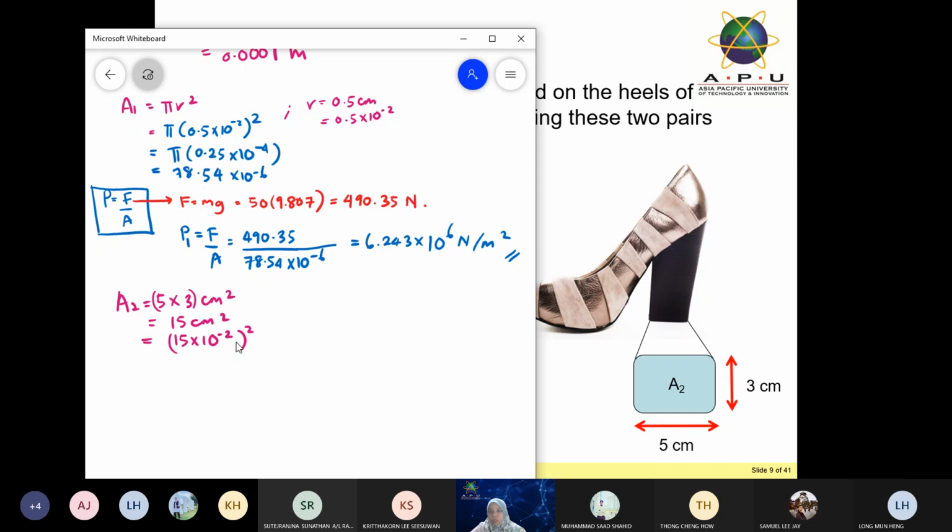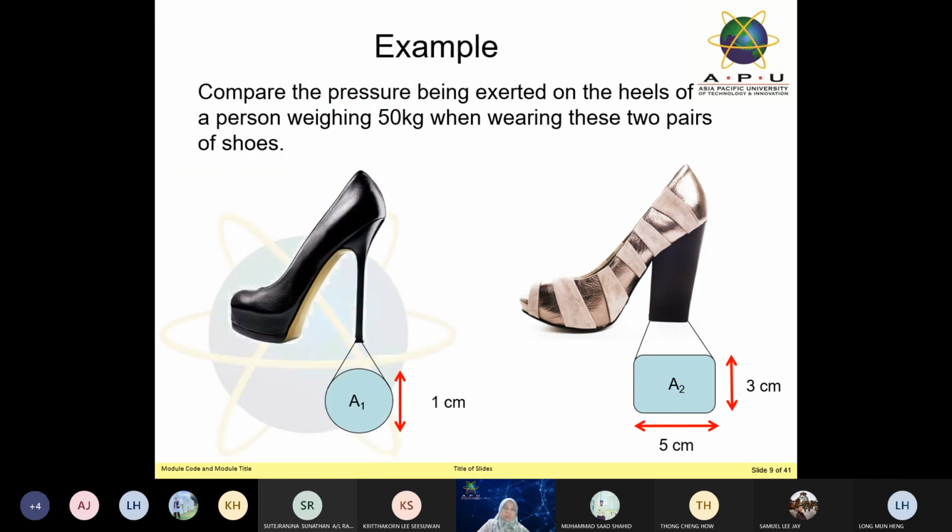You settle. Wait, 2 to 5 times 10 negative 4. Wait, we check.